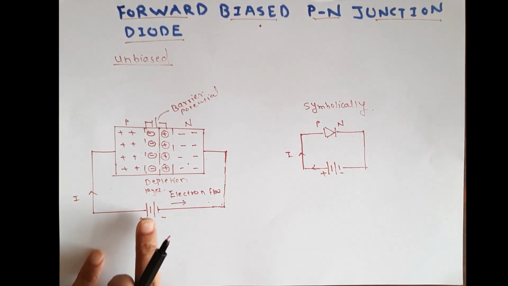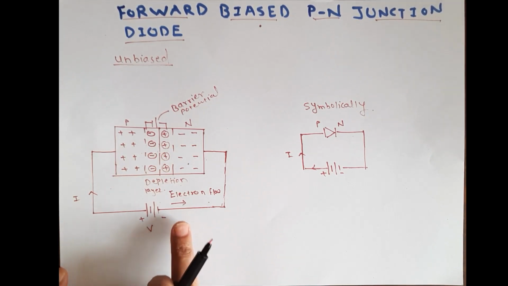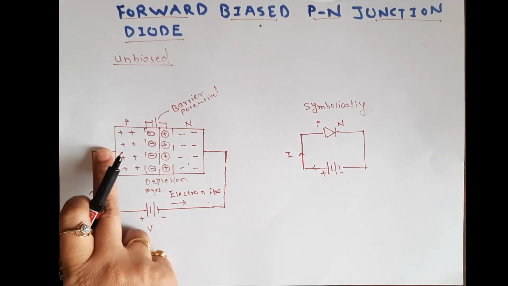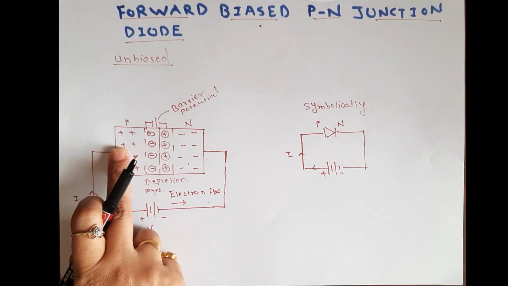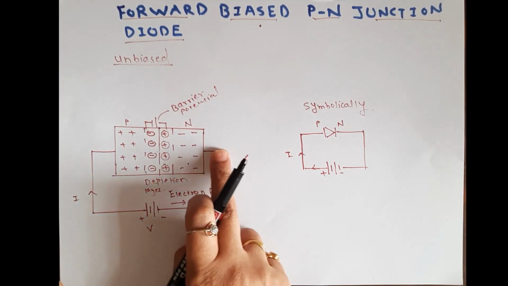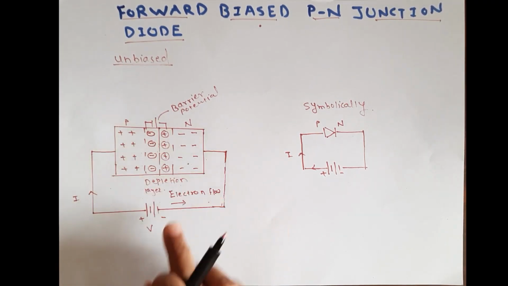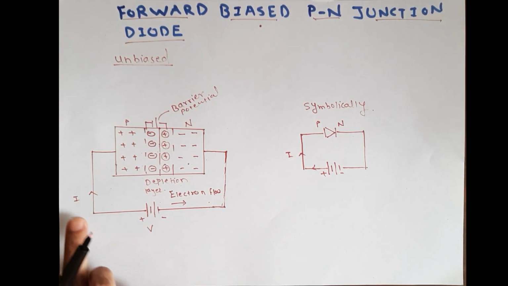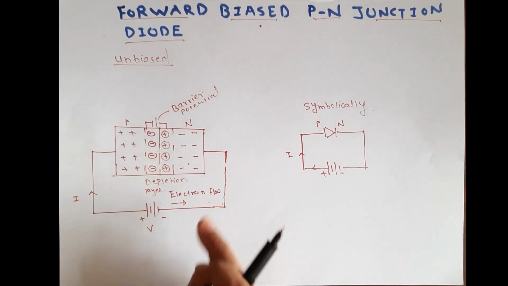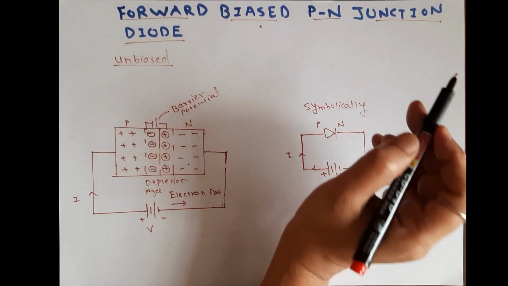You can see the external source is connected to the diode in such a way that the positive terminal of the battery is connected to the P type of the diode, and negative terminal of the battery is connected to the N type of the diode. So this condition, when positive of the battery is connected to the P type and negative of the battery is connected to N type, we call it as a forward bias PN junction diode.